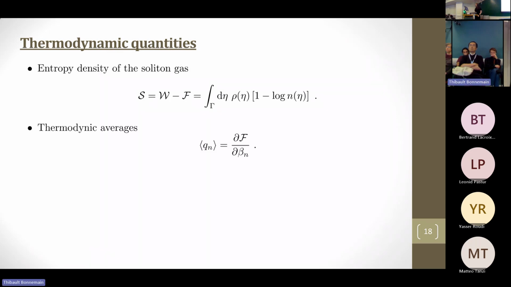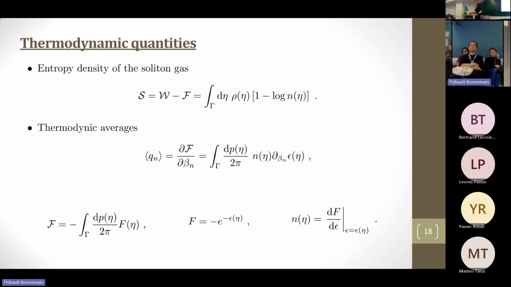Now, using this, I can also compute the ensemble averages of my charge densities by differentiating the free energy with respect to the associated Lagrange parameter. This will be slightly more technical, but ultimately the result will be fairly natural.